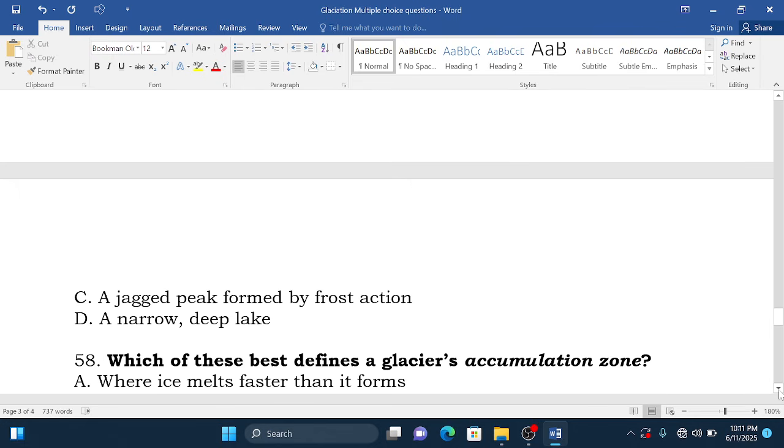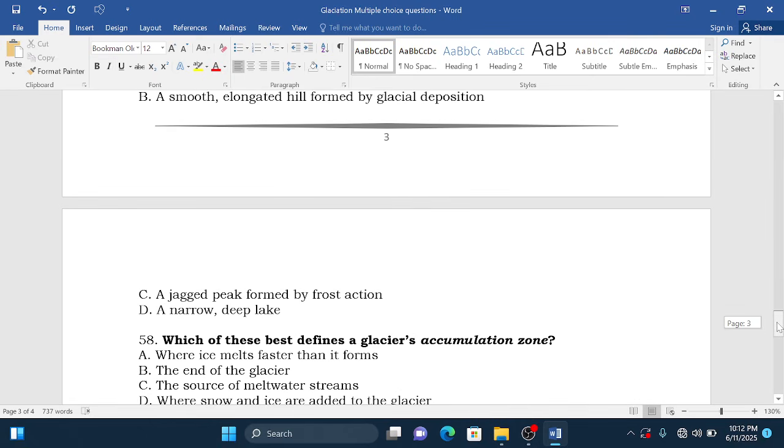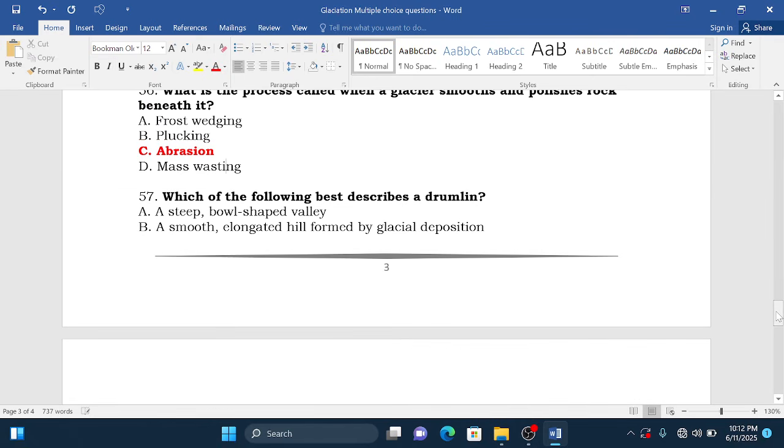D, a narrow deep lake. So the correct answer here is B, because a drumlin is a smooth elongated hill formed by glacial deposition.